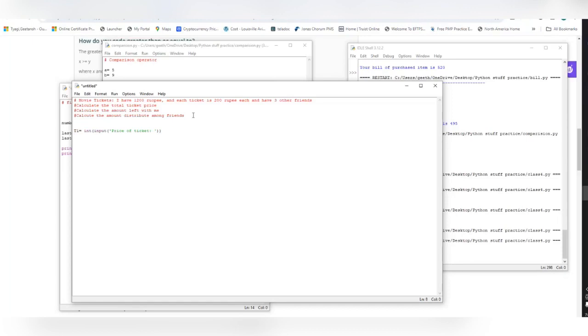Total ticket price. Price of ticket. So I have to calculate total price.